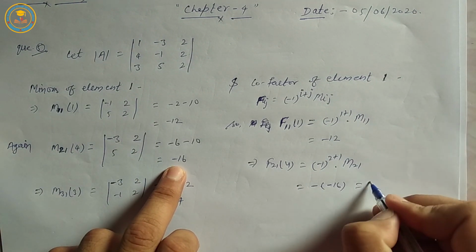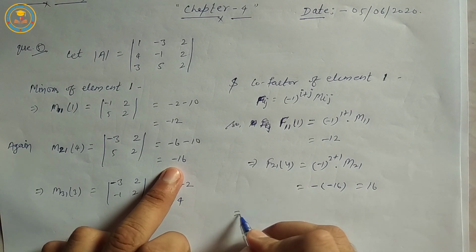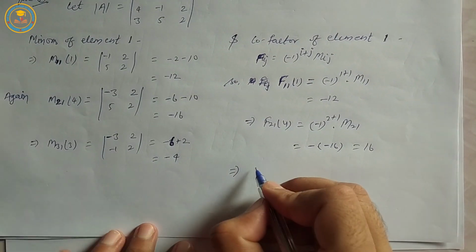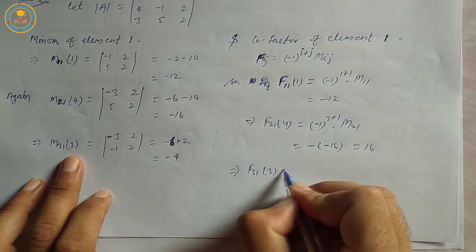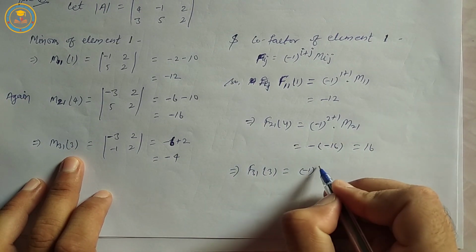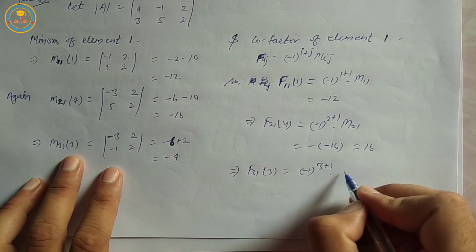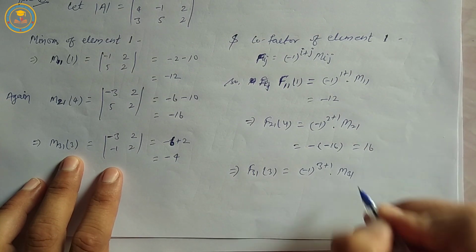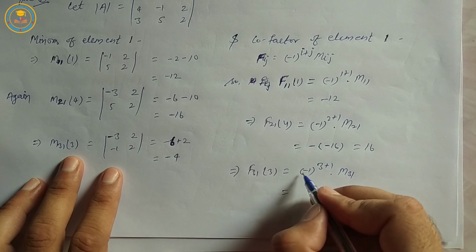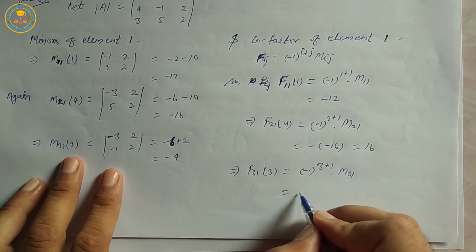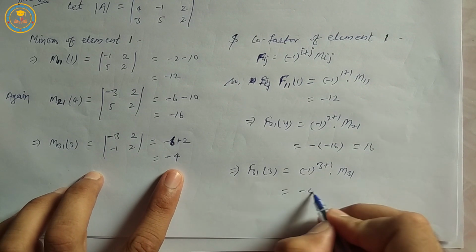Okay, and F31 is equal to minus 1 to the power 3 plus 1 into M31. 3 plus 1 is 4, an even number, it means plus, M31 is equal to minus 4.